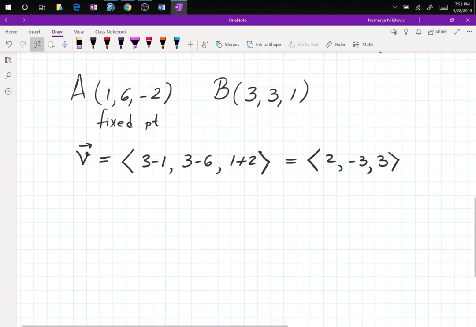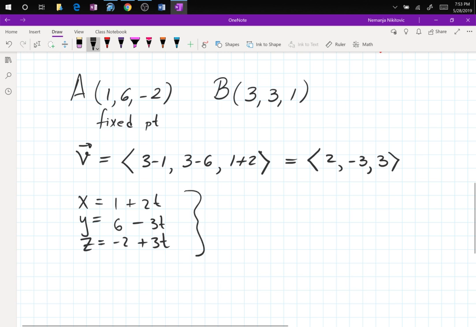And then we would come up with our parametrization x, y, z using our fixed point 1, 6, -2 plus 2t, minus 3t, plus 3t using vector v. But now we have a way to combine all of that in a single vector, and that's going to be 1 plus 2t, 6 minus 3t, -2 plus 3t in a vector.